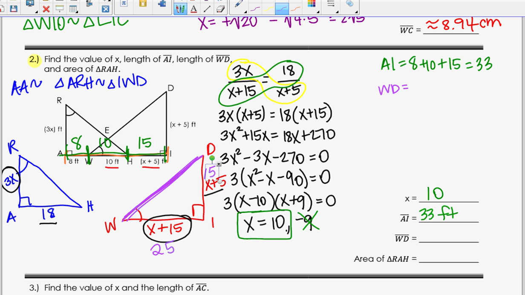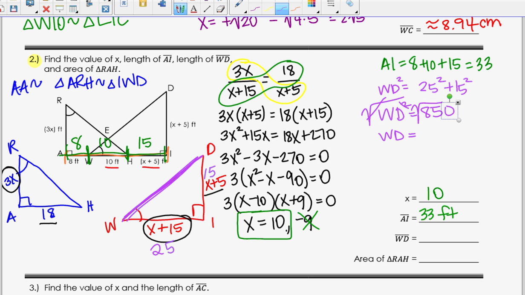So to find WD, we're going to do the Pythagorean theorem. We have 25 squared plus 15 squared equals, I'm just going to work backwards, WD squared, or C squared, whatever makes you work better. 25 squared plus 15 squared gets me 850, so WD squared is 850. Obviously, we're going to square root both sides. WD is going to be the square root of 850, which I'm not going to reduce because in the end all I need is a distance.